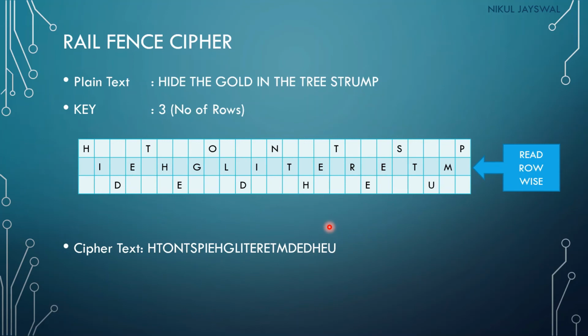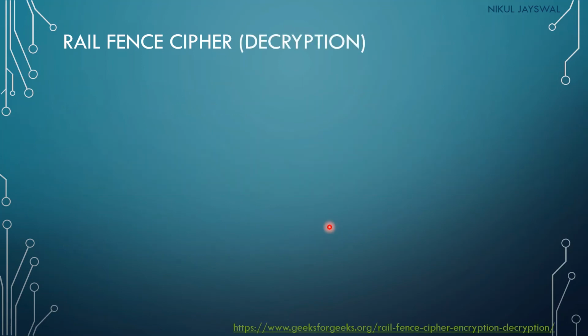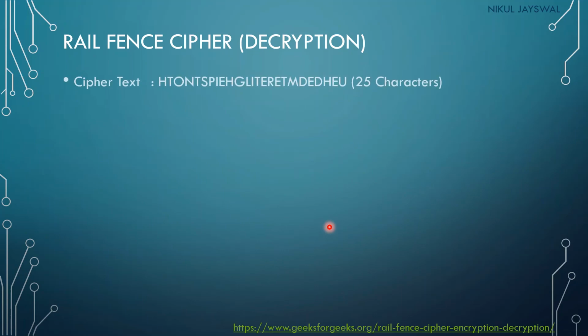Now let's see how we can decrypt the ciphertext into plain text. To convert the ciphertext into plain text, we need a key. So first of all, we will take the ciphertext and we know the key. We know that this ciphertext will be decrypted by using 3 rows.